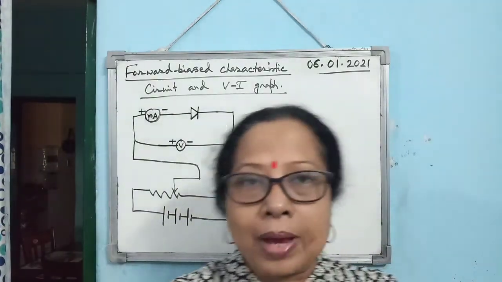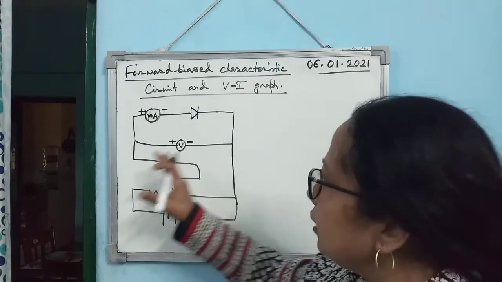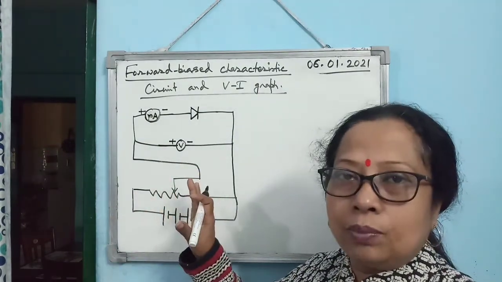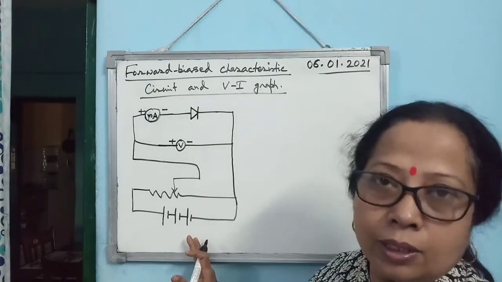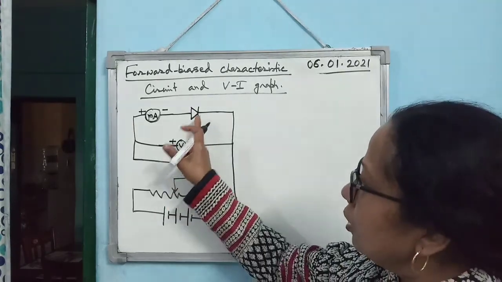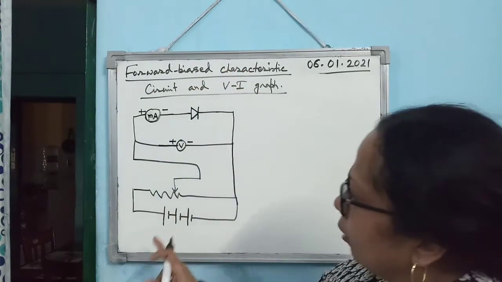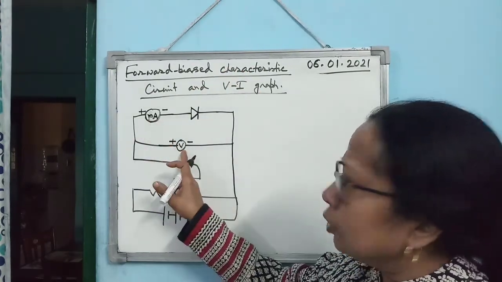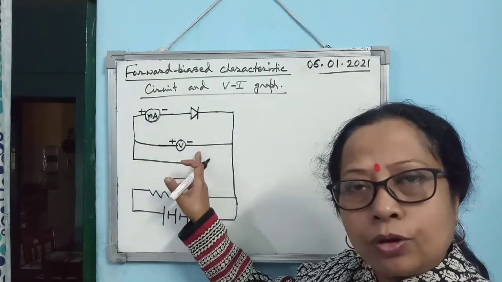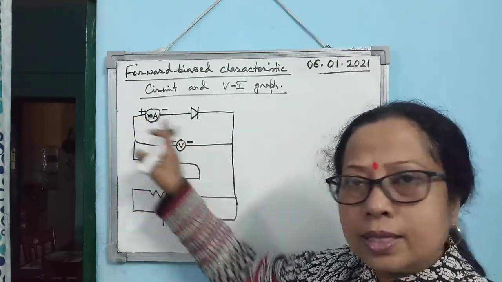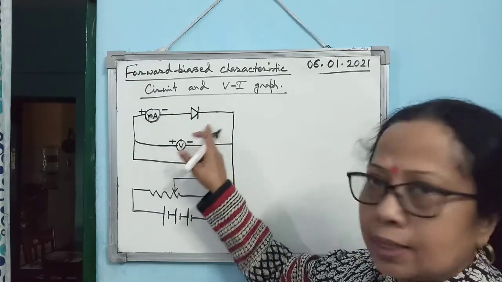So this is the proper understanding of how to draw the circuit diagram. Never try to mug up, because if you do, then while writing, there will be garbage and you won't be able to. So understand the physics behind it. I am repeating for the characteristics circuit: you have to measure current and the potential difference. So you need an ammeter in series and a voltmeter in parallel to the PN junction diode.